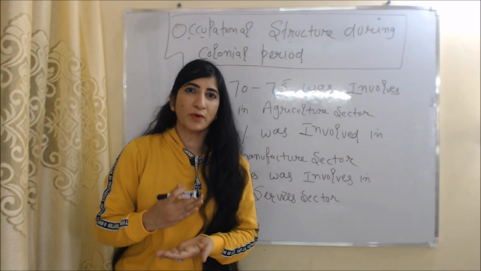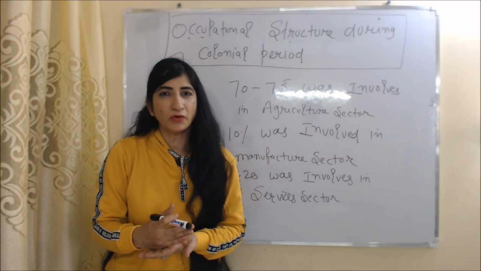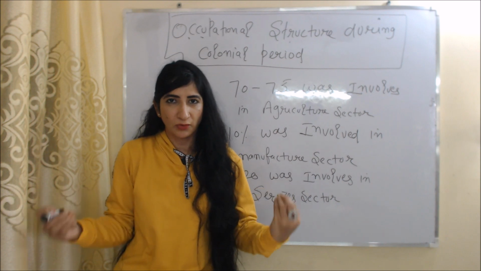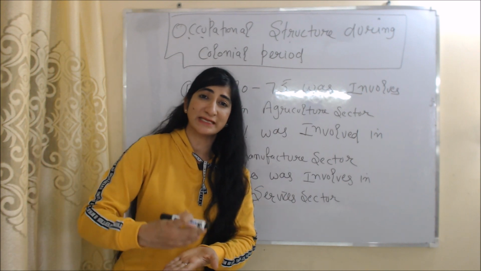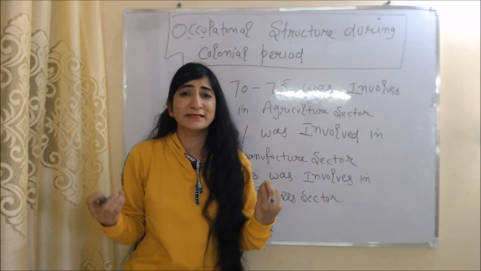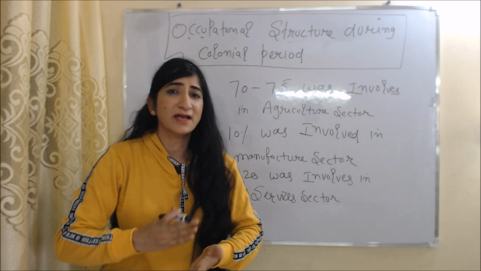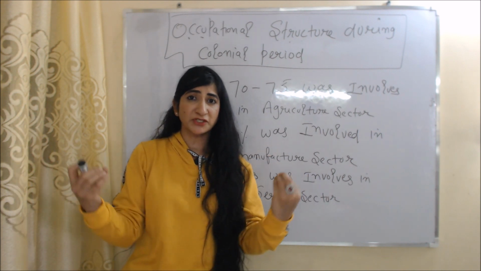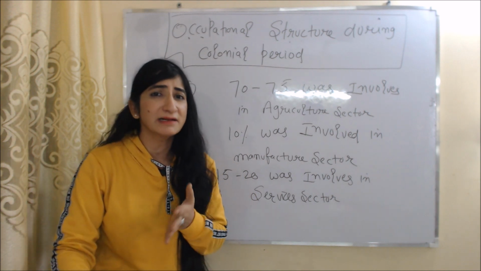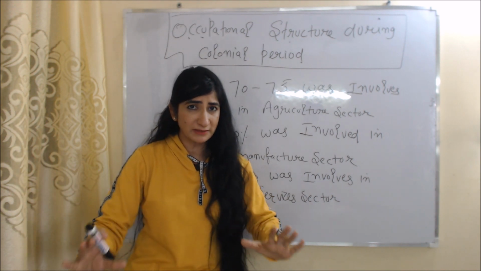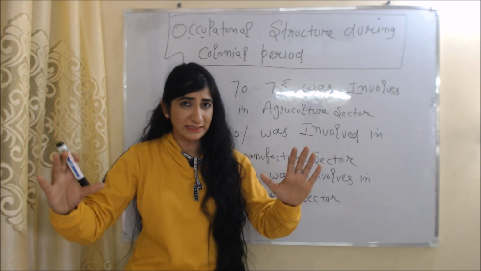Now we are going to talk about the next part of this chapter, that is occupational structure during colonial rule. Occupational structure means the percentage of workforce employed in various sectors of the economy. We can say the occupational structure gives us information about how many people are working in the agriculture sector, how many in the manufacturing sector, and how many in the services sector.